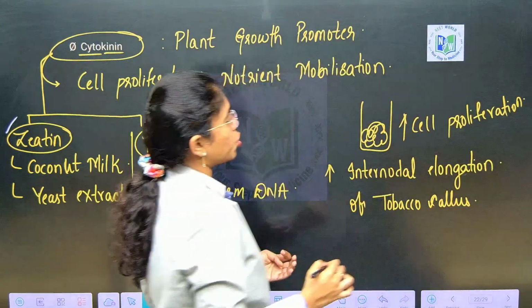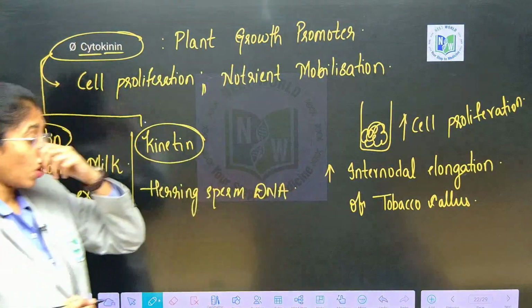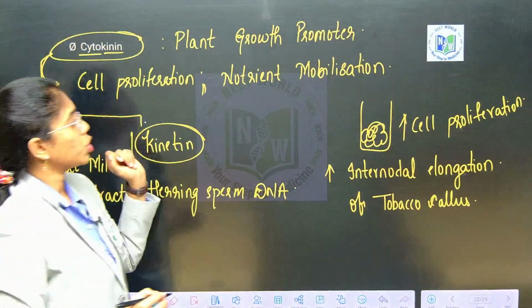Fine, in the test tube, when cytokinin is added along with auxin, increase in cell proliferation is observed.